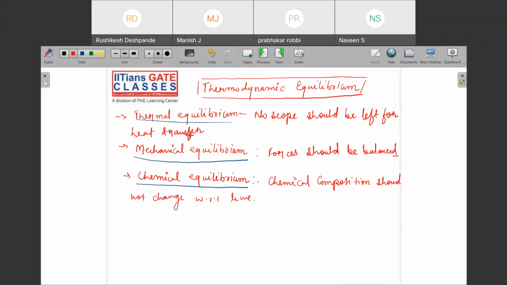And what are the conditions which we need to satisfy? One is thermal equilibrium, second is mechanical, and third one is chemical equilibrium. If all these three equilibrium conditions are maintained, then only we are in thermodynamic equilibrium. Simple.